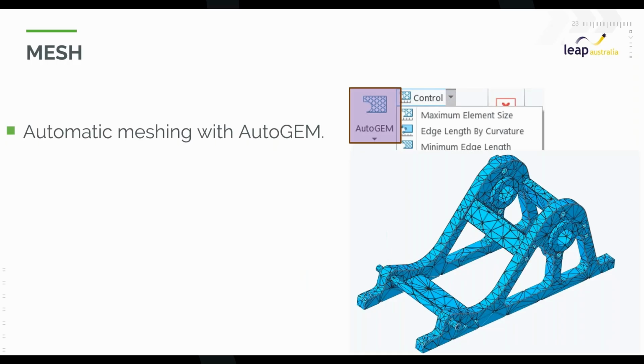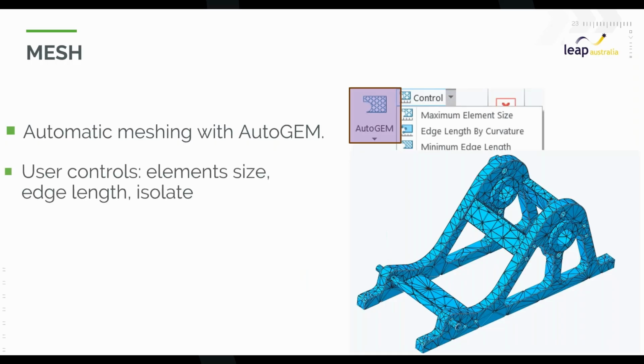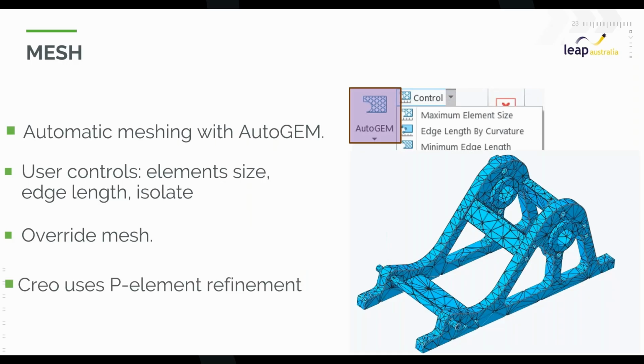But if you prefer your own settings, you do have user controls to change the element size, edge length, however you wish. And you also have the option to go ahead and override that mesh. A fun fact is Creo uses P element refinement. So for those of you with very strong FEA knowledge, you might be familiar with this.